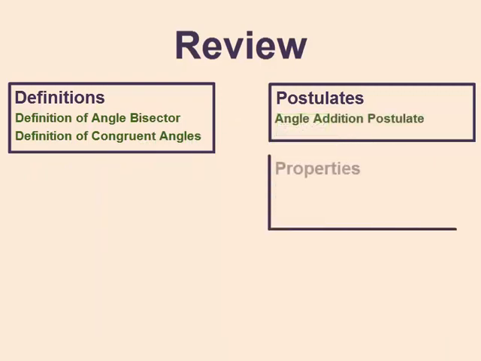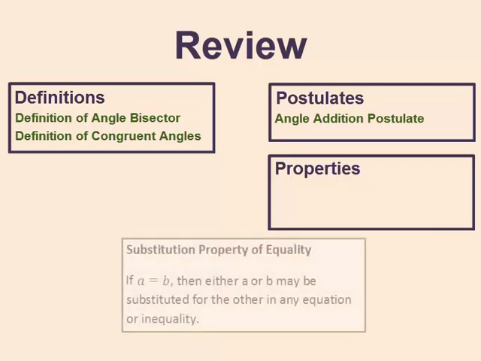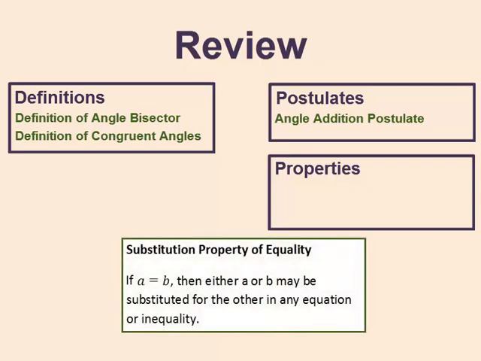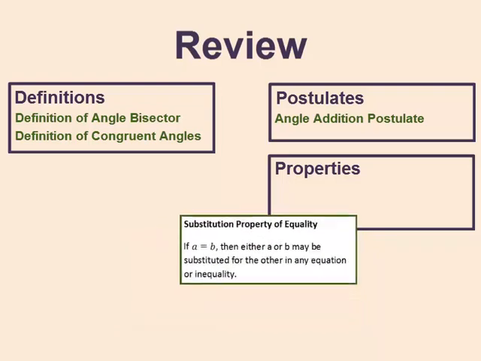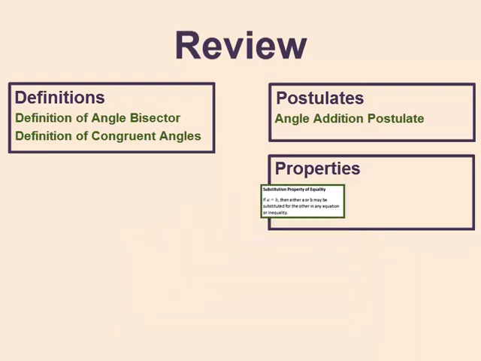Then we have properties. And properties are various rules. The ones I'm going to talk about now are algebraic rules that we can apply to geometric problems that include quantities. Two important properties are the substitution property of equality, which states that if A equals B, then either A or B may be substituted for the other in any equation or inequality.